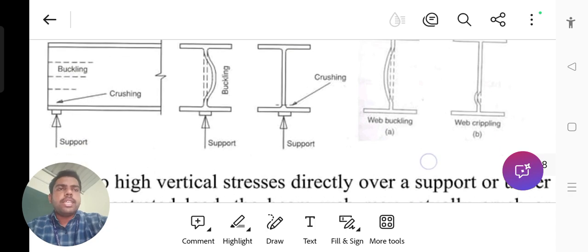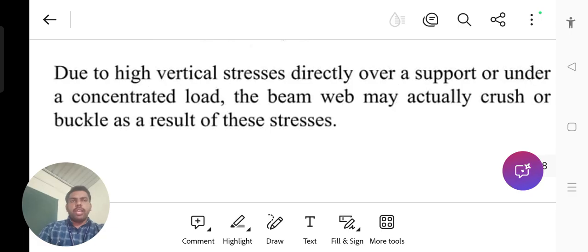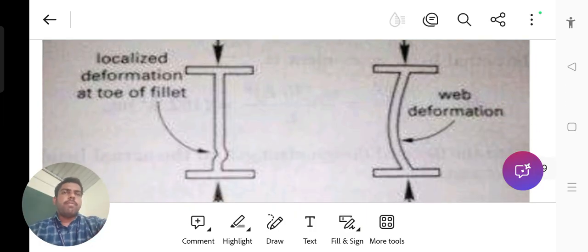So this failure acts on the web portion only. Due to high vertical stresses directly over a support or under a concentrated load, the beam web actually crushes or buckles under these stresses. See, this is the web deformation, and the first figure is the web crippling, and the second figure is the web buckling.